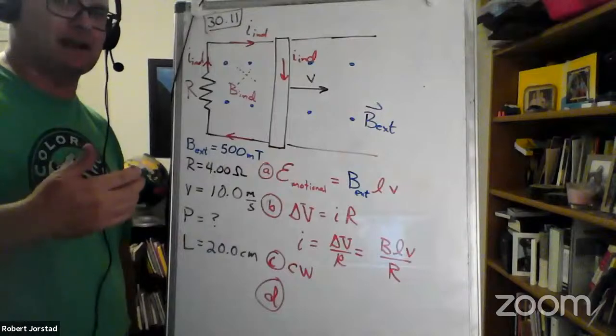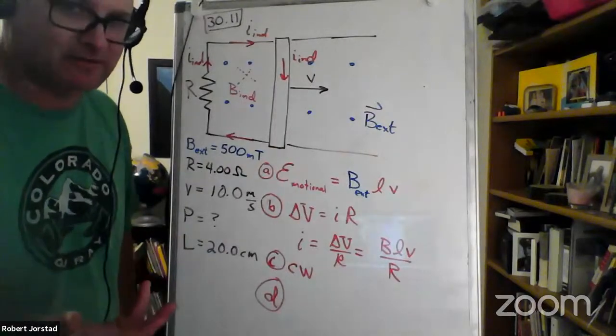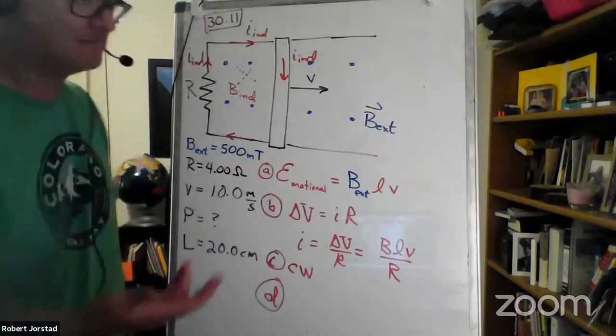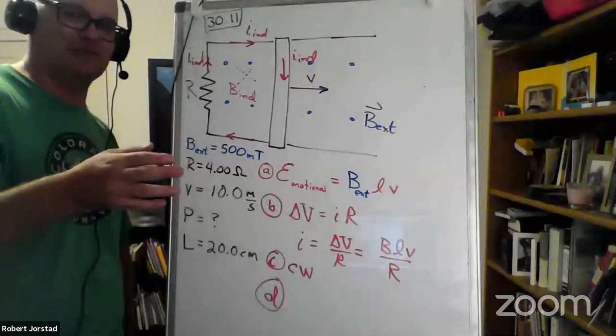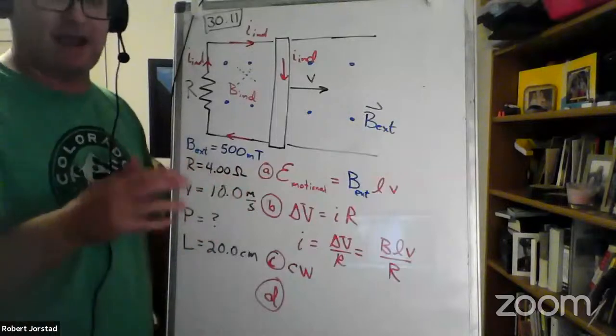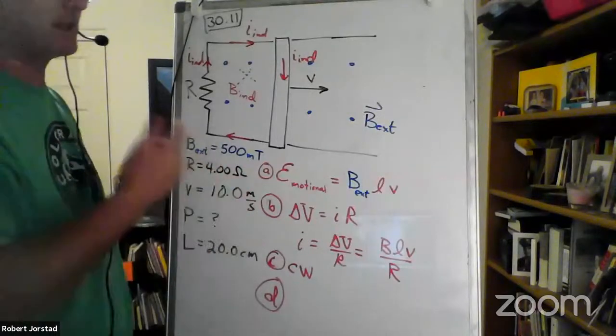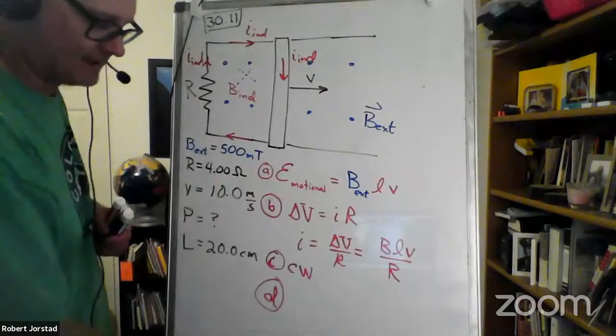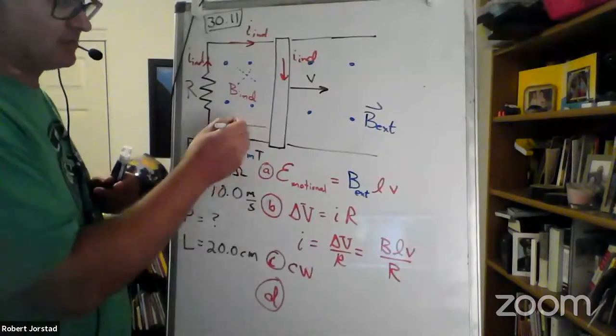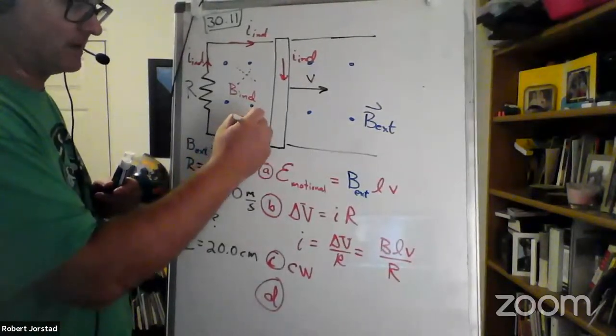Is this a magnetic braking problem or a magnetic make you go faster problem? Braking problem. All of these are going to be magnetic braking problems. So generally speaking, the magnetic force should have at least some component that opposes it. So I suspect the magnetic force should be this way, but we'll find that out in a minute.